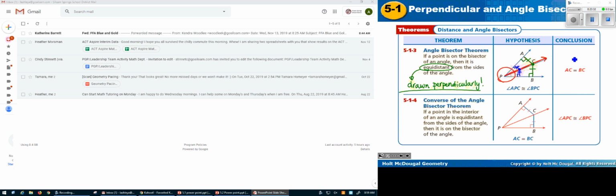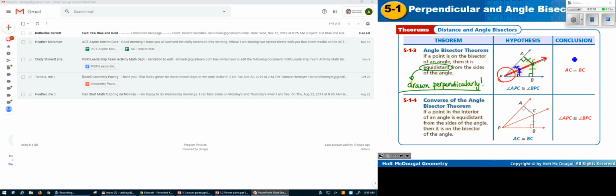Okay, the converse. Converse is just going to go backwards. You're not going to know that it's an angle bisector. So now you have an angle. You do not know that it is split into two congruent parts. There's no markings here to indicate. But you have that the distance from a point on this ray is the same as the distance from that point to the other side.